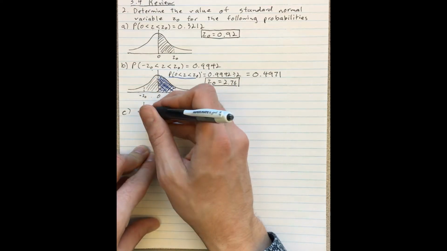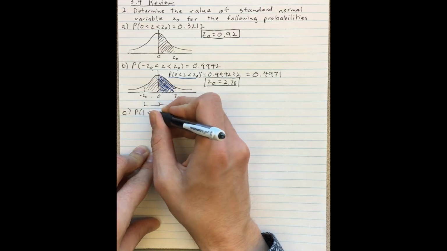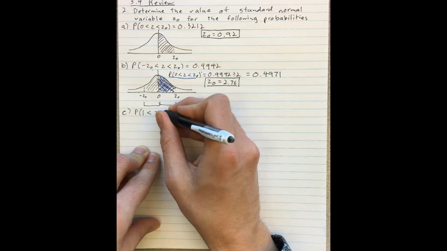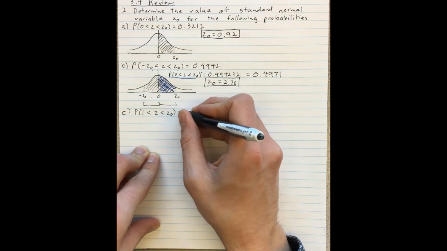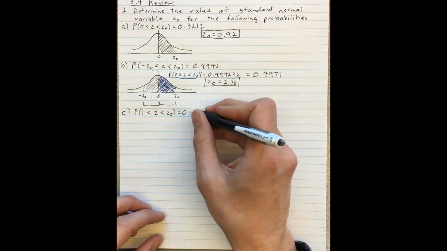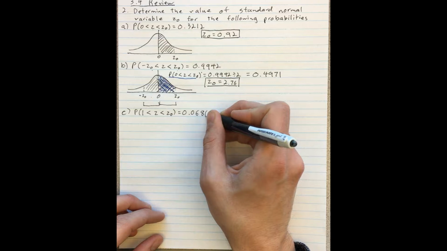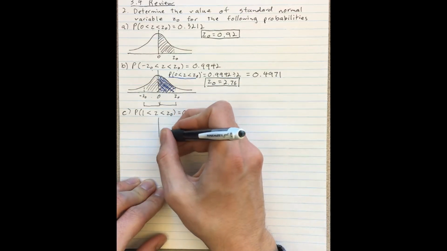C. All right, so this is the probability that z is between 1 and z naught. This is equal to 0.0686 or 6.86%. So we're going to draw that picture again.